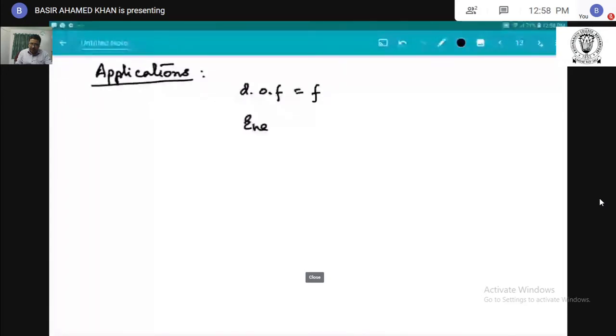So the energy of the system per gram mole is half kT per degree of freedom.